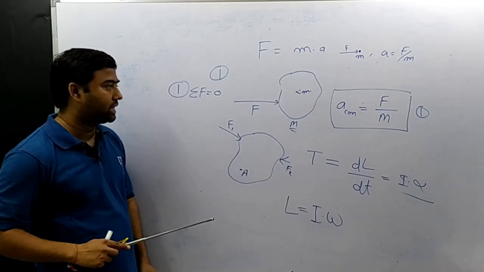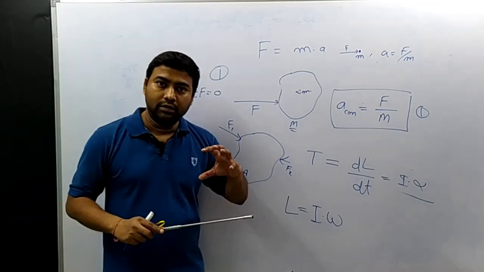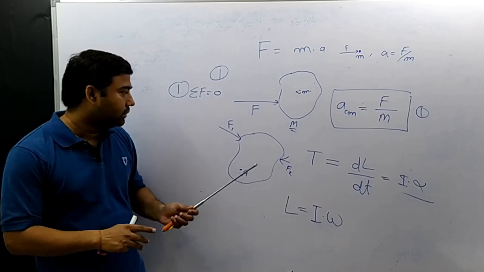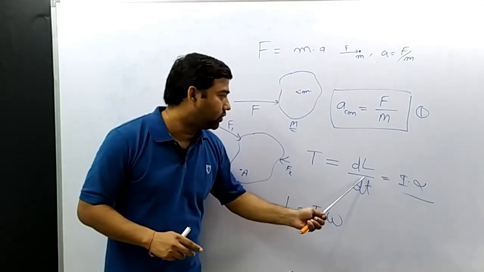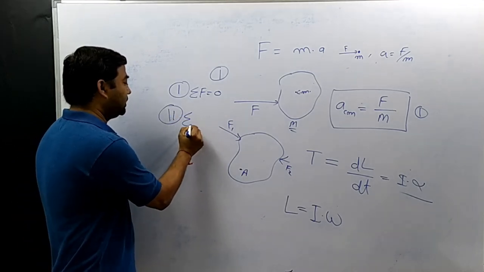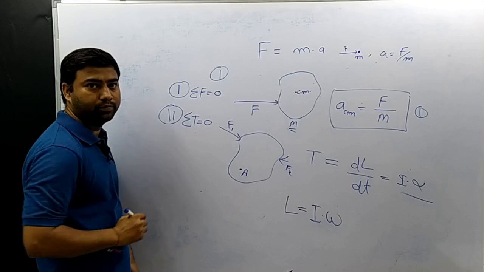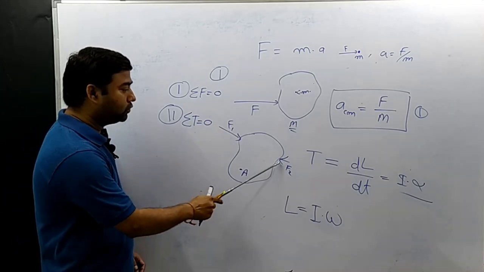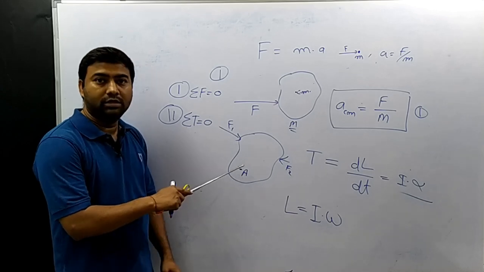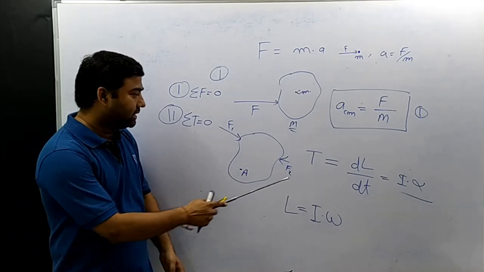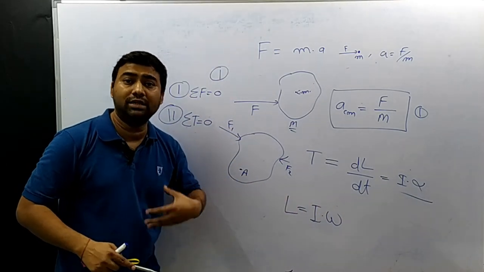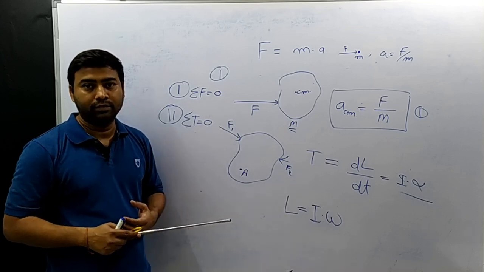The second condition, by Euler's second law, says that the torque of all forces on the body should be zero for zero rotational acceleration. That means total torque should be zero. If the total torque by all forces about a particular point is zero, then by this equation alpha will be zero. That means rotational acceleration will be zero.